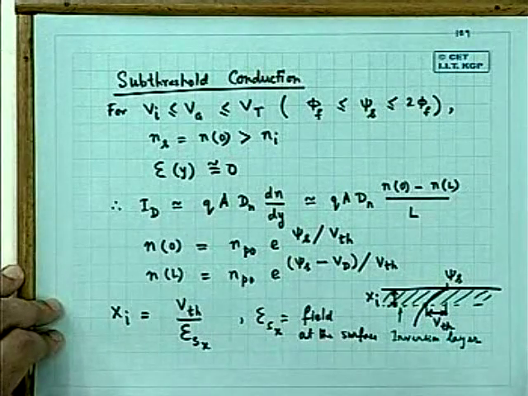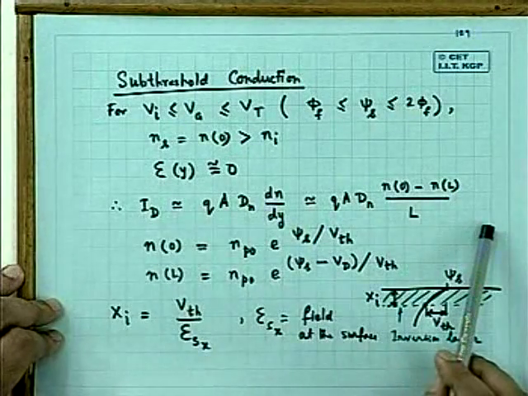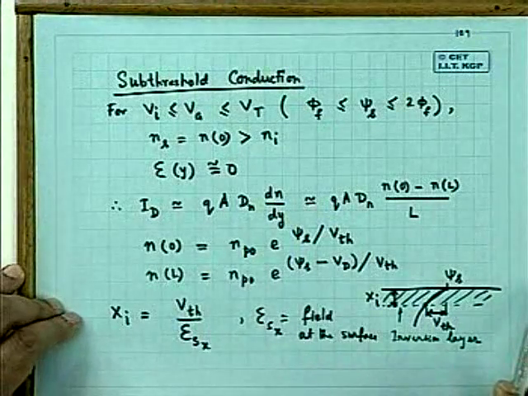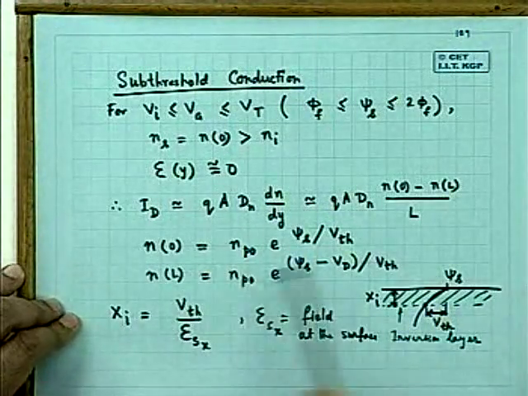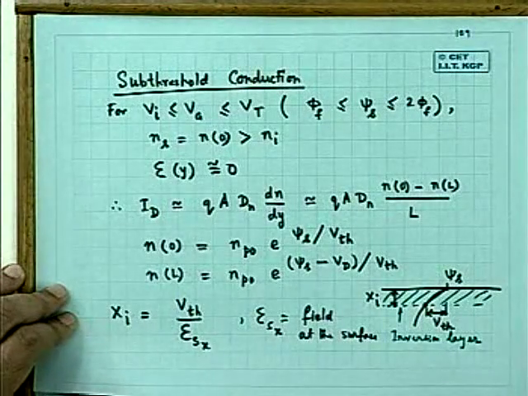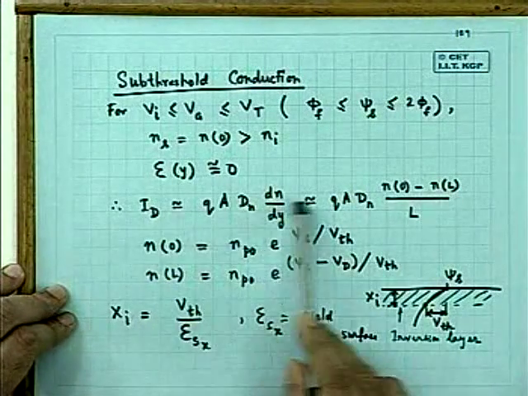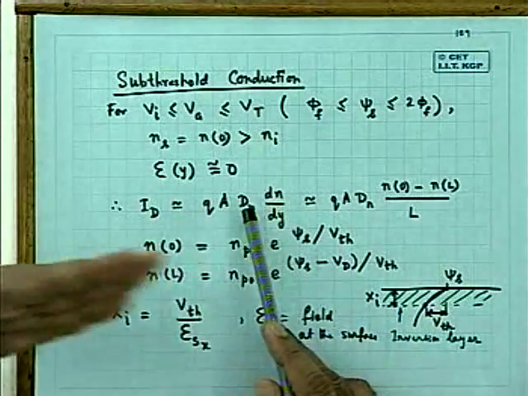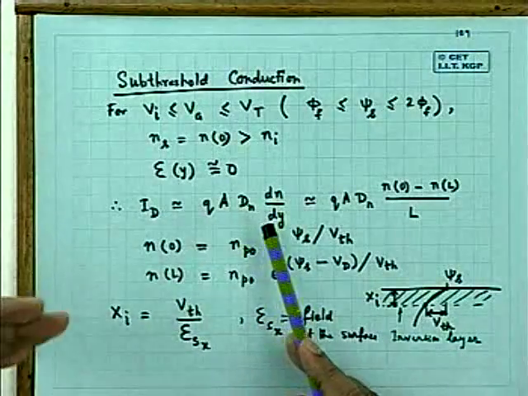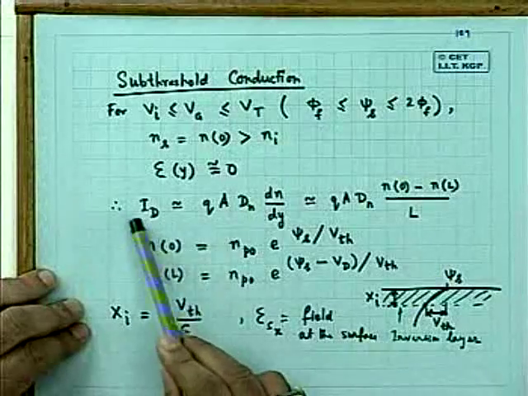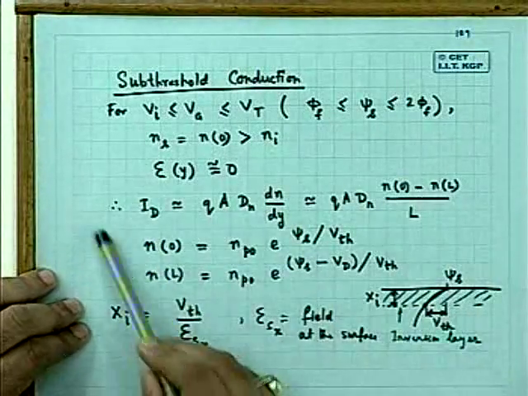We assumed that under this condition, because the current flow is so small, the potential drop over the channel can be neglected. So the tangential, that means the lateral component of the electric field, or the along-the-channel component EY, can be neglected, and hence we can consider only the diffusion component.